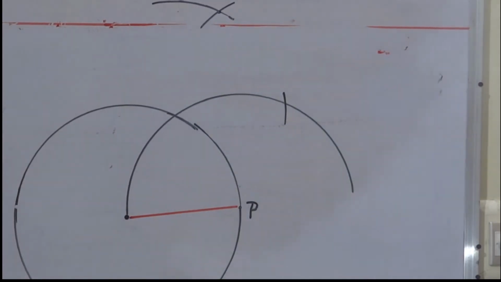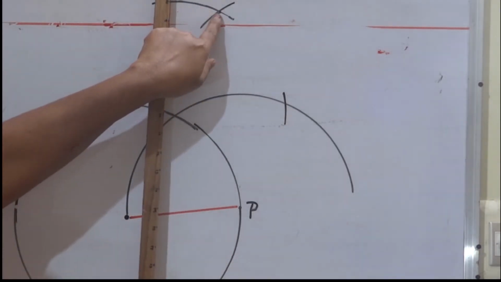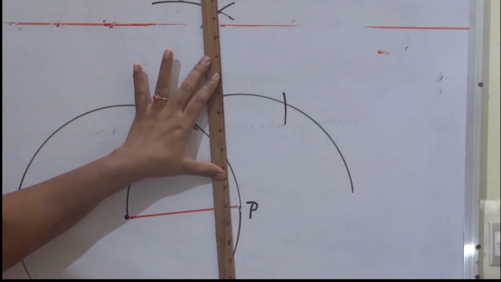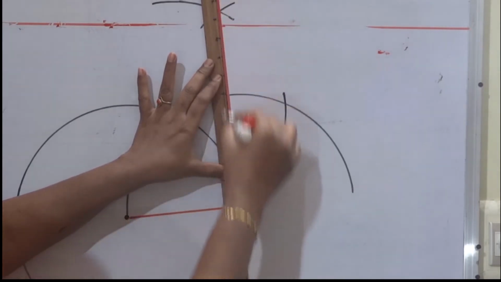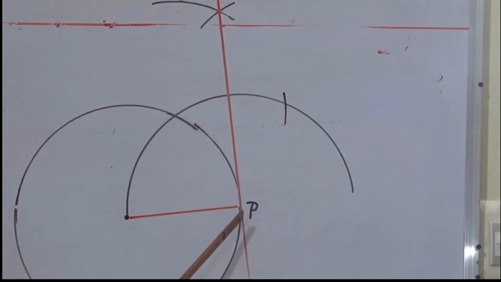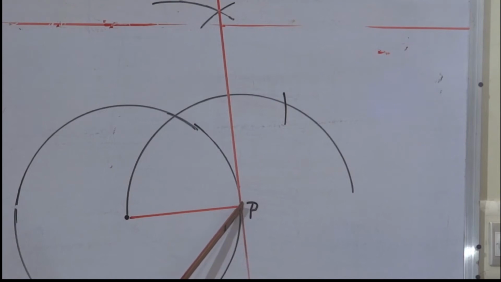Now we have to draw the tangent starting from this point, passing through the point P. This is the tangent passing through the point of intersection and making tangent at point P.